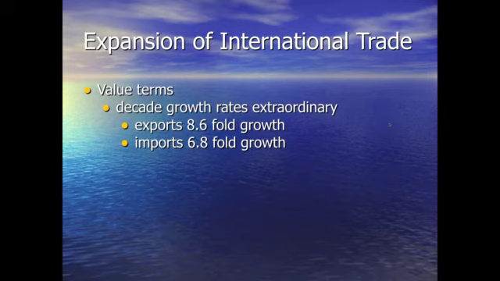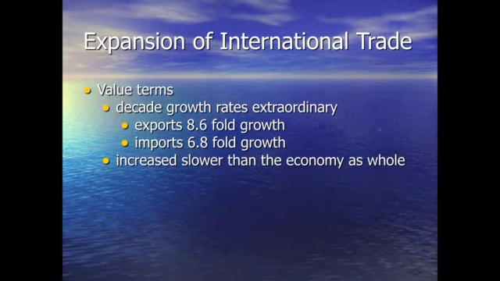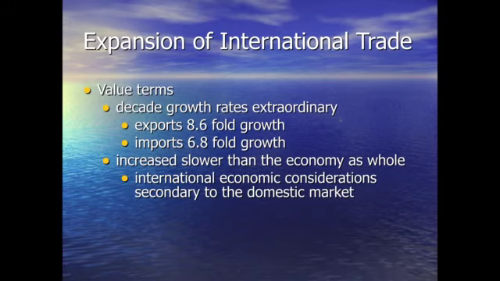So I just want you to realize that the composition is changing, but it's growing, but it's not growing as fast as the economy as a whole. So again, this is pointing to how the domestic market is growing faster than the international trade market in the United States. The United States is producing more domestically and consuming more domestically during the antebellum period.